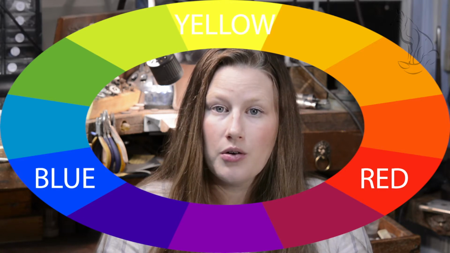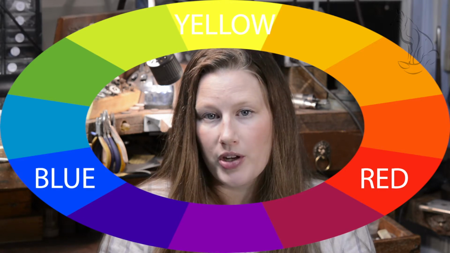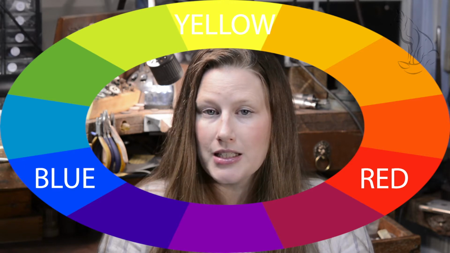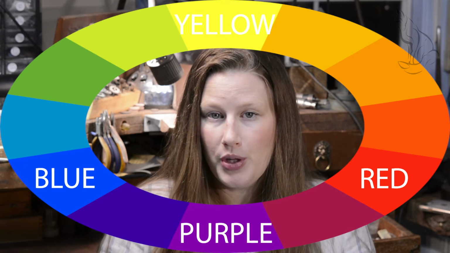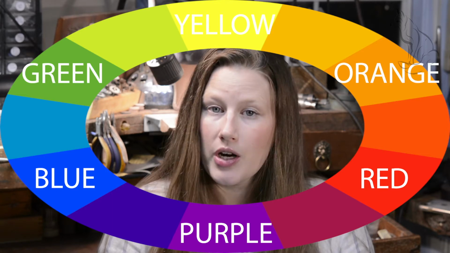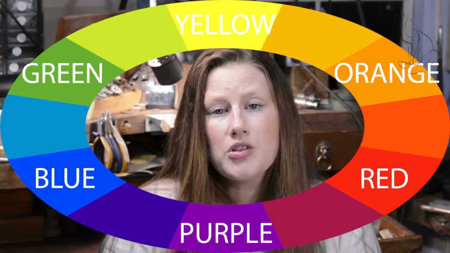So let's take a look at basic color theory. We have 3 primary colors: red, blue, and yellow. When you mix these primary colors, you get 3 secondary colors: purple, green, and orange. Our stones here are green.